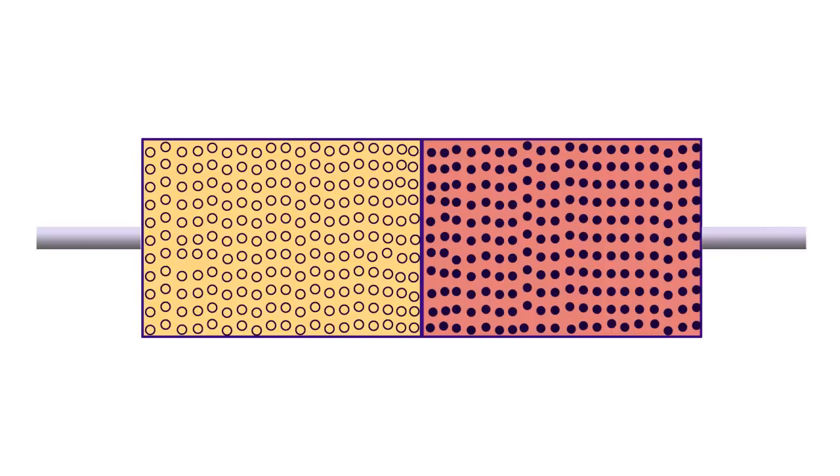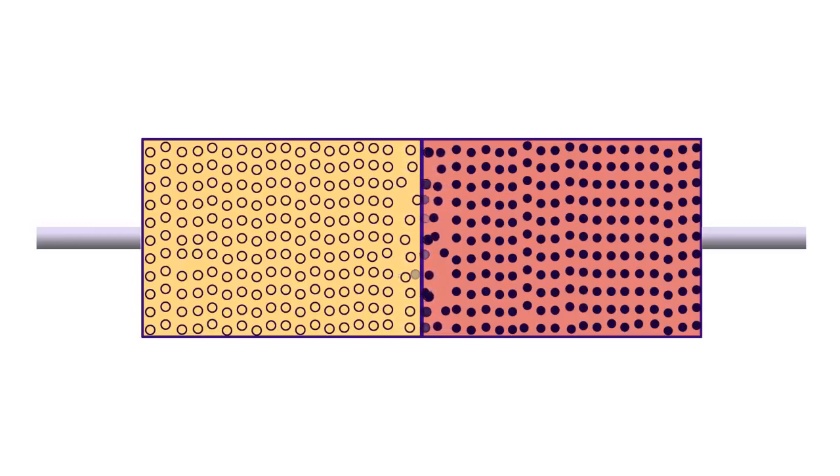As the n region has a high concentration of electrons, some electrons from this region get attracted towards the p region. The free electrons from the n region diffuse into the p region and combine with holes present there.